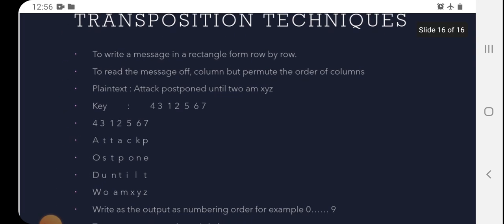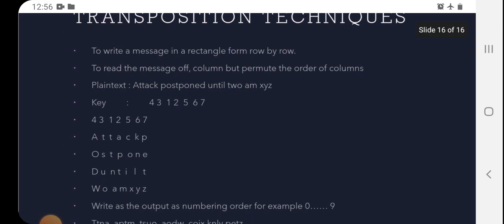4312567. We write that same key, and as in the first point, you write the message in a rectangular form, row by row.